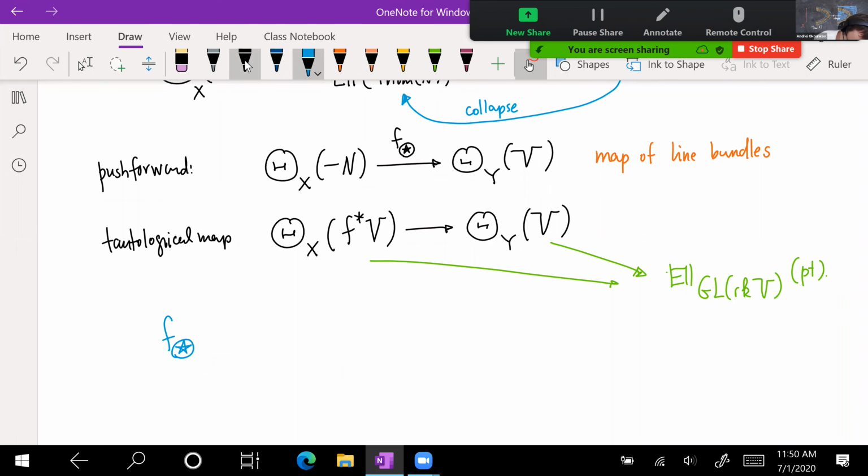it really goes from the Thom sheaf of minus the normal bundle to the inclusion plus the pullback of the bundle V. This really corresponds to the projection.